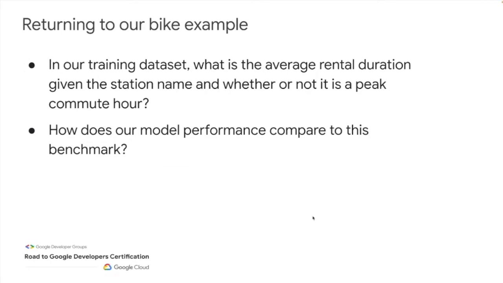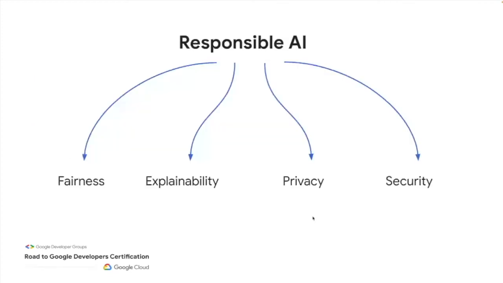And then we have responsible AI. What does that mean? It's an umbrella term that covers a bunch of different concepts. And the concepts are fairness, explainability, privacy, and security. And today we're going to talk about two of them, fairness and explainability.